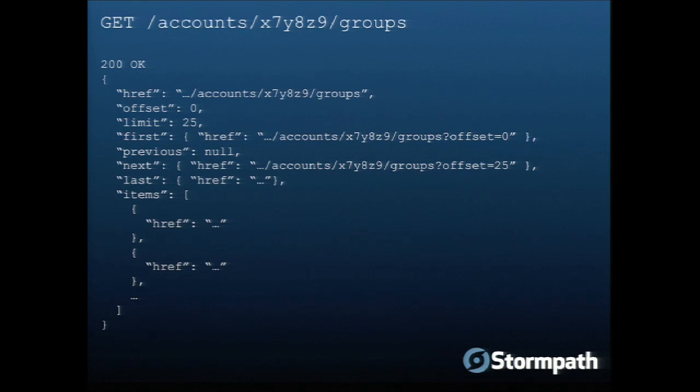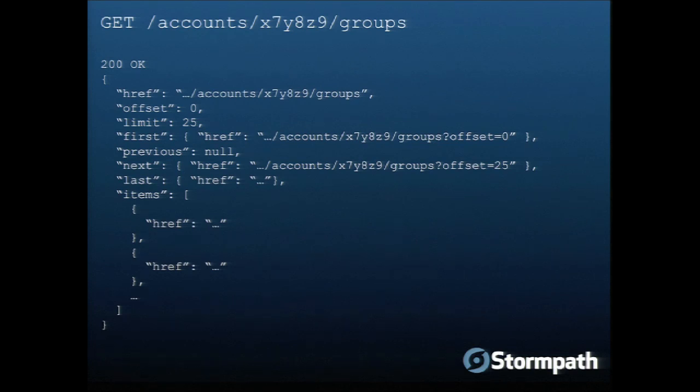If it's null, then I know that I'm at the beginning of the result set. The less branching complexity you have, the fewer bugs are introduced, and the easier it is to build and test against. So we try to return the data all the time so they don't have to do a bunch of if-else checks in their code.